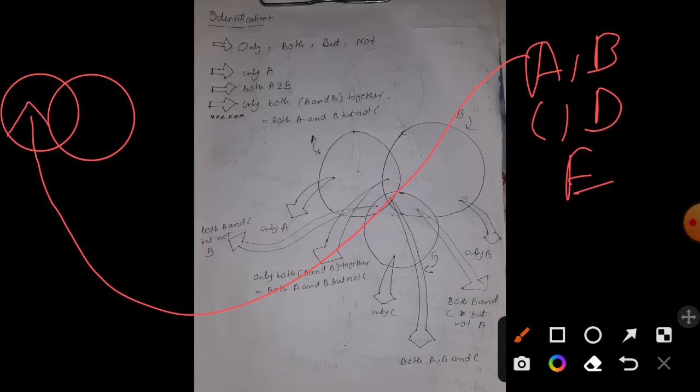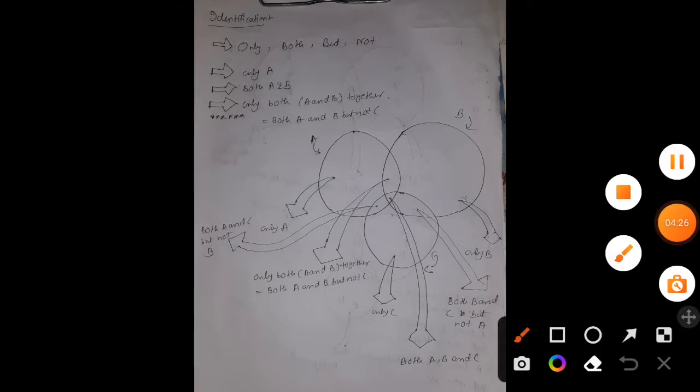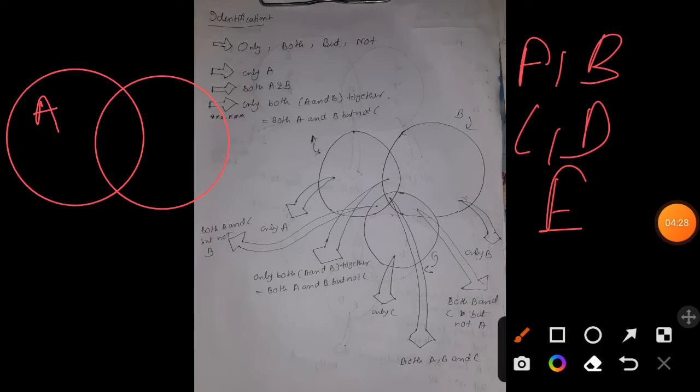Now B is a Cristiano Ronaldo lover, so B. C also likes Cristiano Ronaldo. D is a football fan like me who loves both Messi and Ronaldo, and E loves Messi.